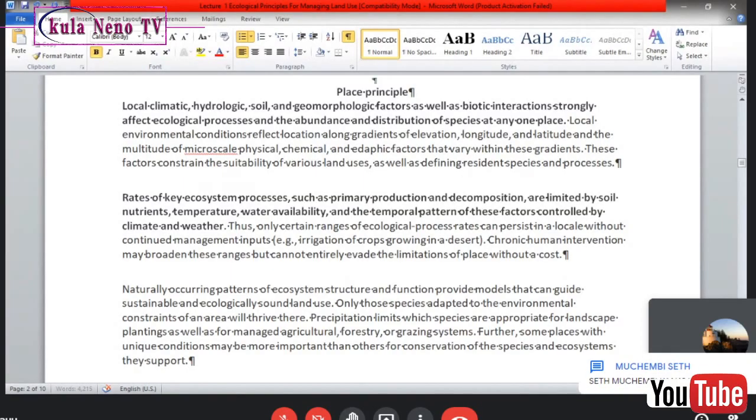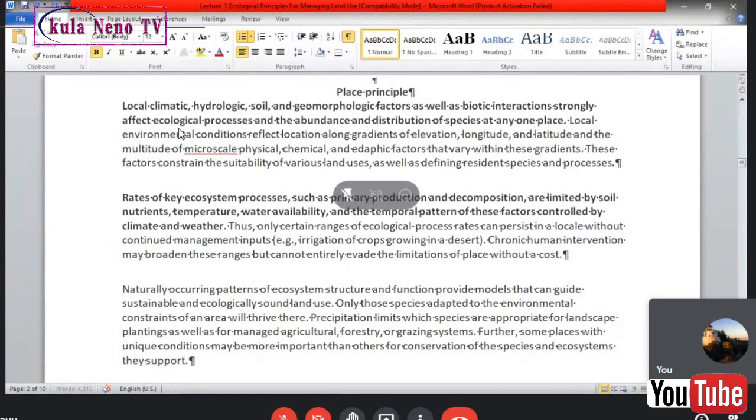That area is different from other areas based on its climate, its hydrology, its soil, its geomorphology, the biotic interactions, the elevation, the longitude, the latitude. All those make that place unique, or different from the other places.